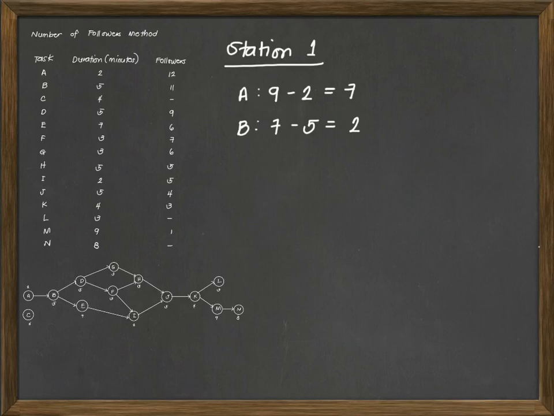So, looking at our table, we can see na si task I lang yung pwede kong ilagay since 2 minutes din yung kanyang duration. However, si task I cannot begin until magawa muna si task E and si task F. Since A and B pala yung nasa station, we can now proceed with closing station 1 and proceed with allocating tasks at station 2.